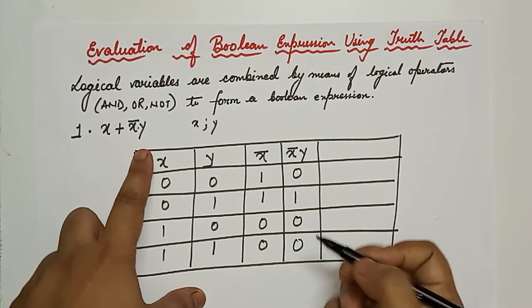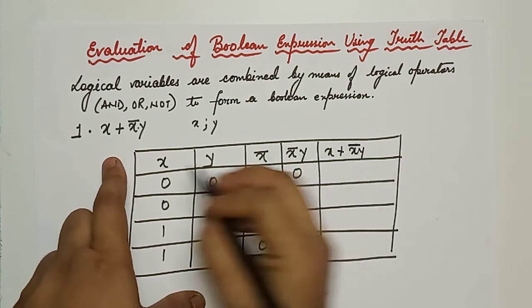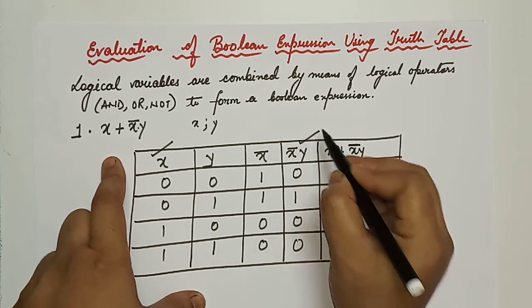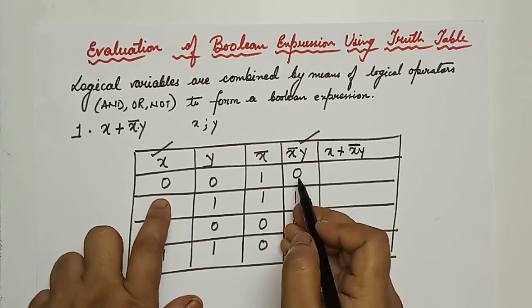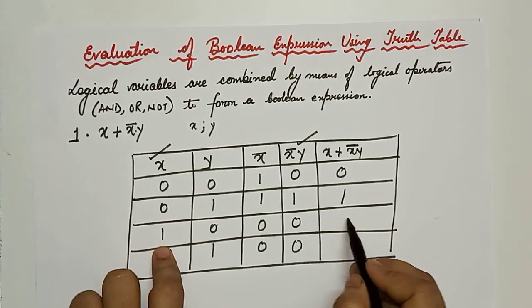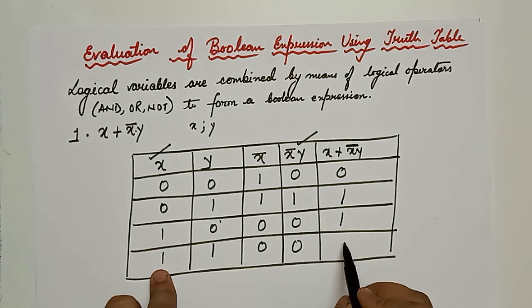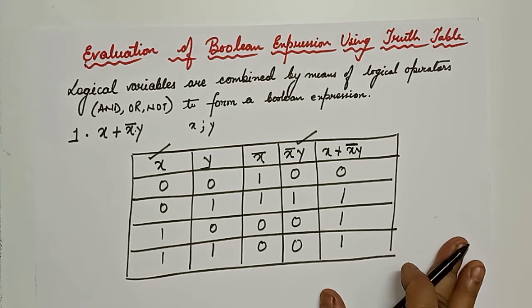X plus X bar Y. That means for this column and this column we have to apply the OR operator. 0 plus 0 it is 0, 0 1 it is 1, 1 0 it is 1, 1 0 it is 1. So this is the value of this expression.